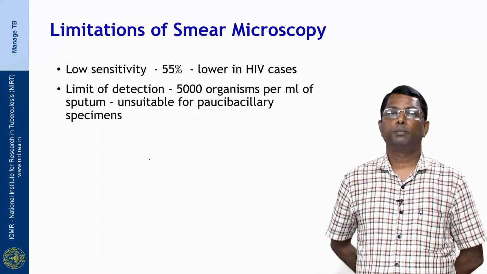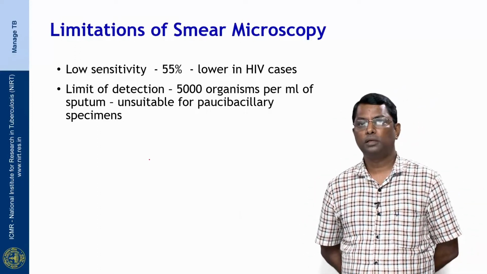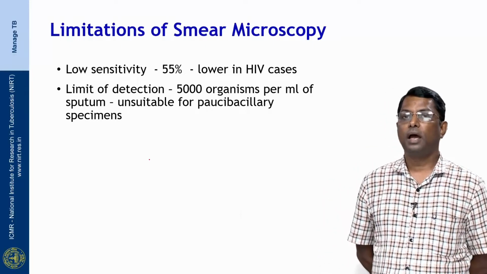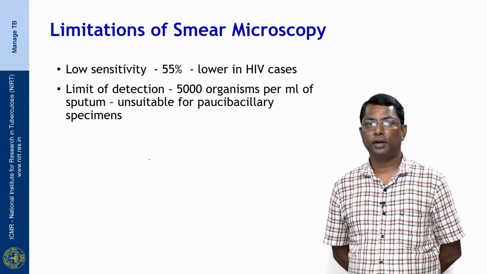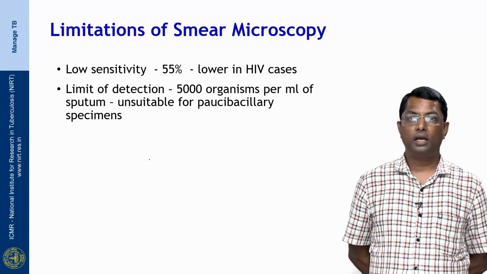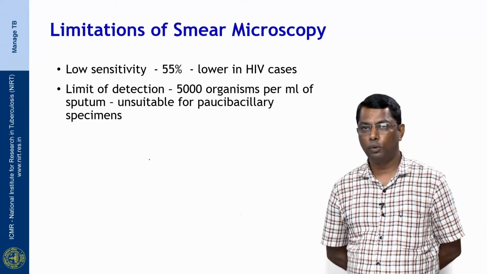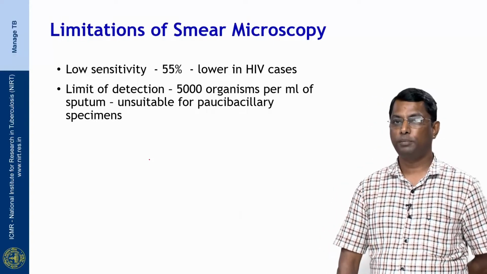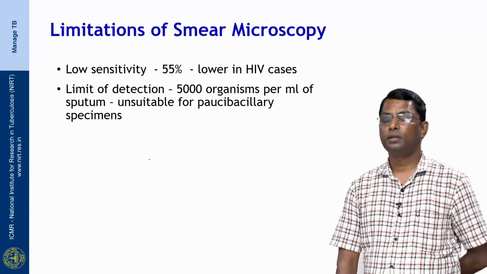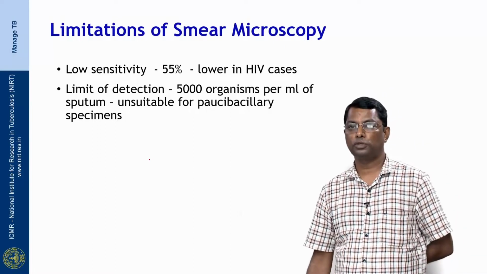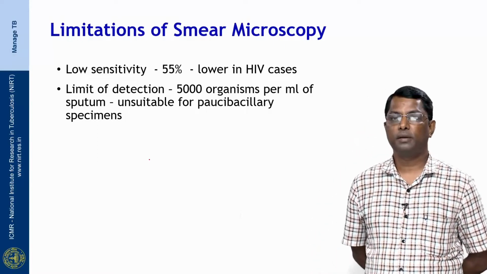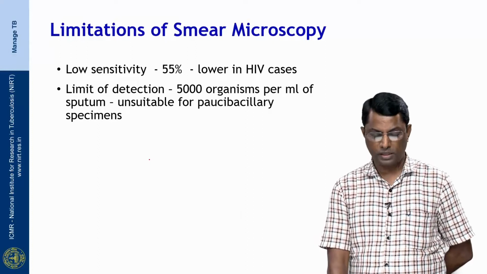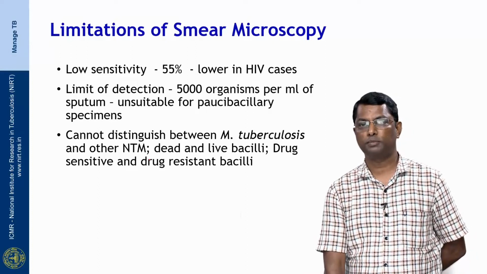Although smear microscopy is the best suited method for peripheral health centers, gives quick results and does not require highly trained people, the limitation is lower sensitivity. It's up to 55% and it is lower in HIV patients who are infected with TB. The limit of detection is somewhere between 5,000 to 10,000 bacilli per ml, which makes it unsuitable for paucibacillary specimens, which are mostly extrapulmonary specimens.